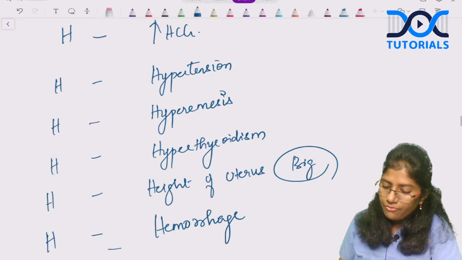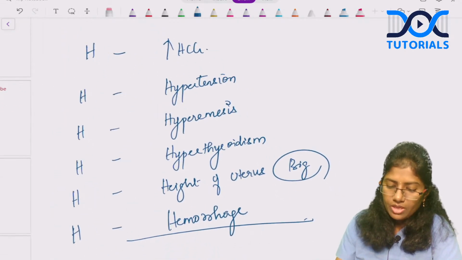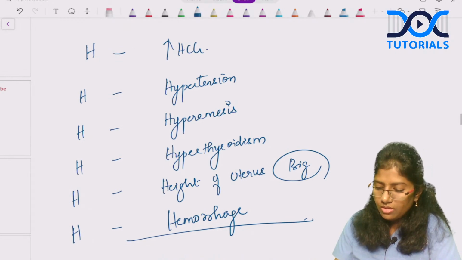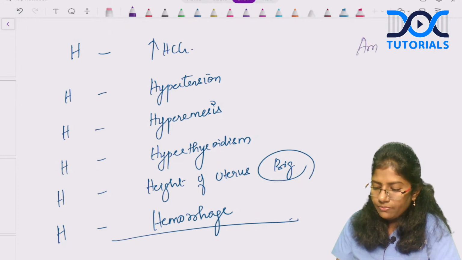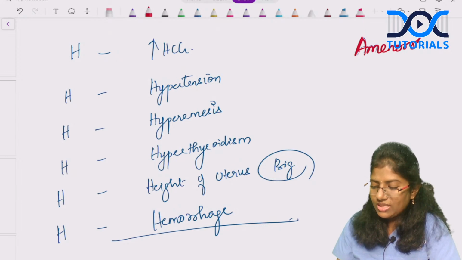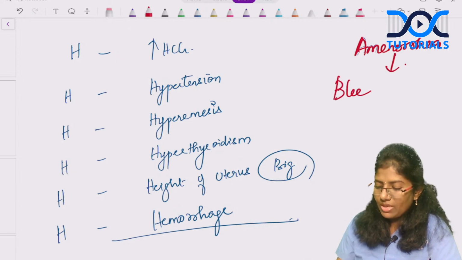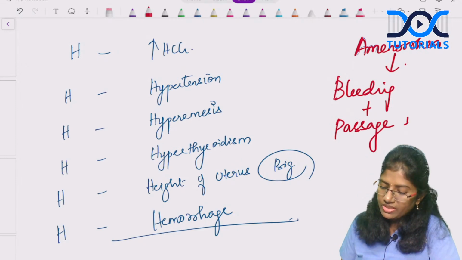Apart from these, there can be amenorrhea followed by bleeding plus passage of grape-like vesicles.